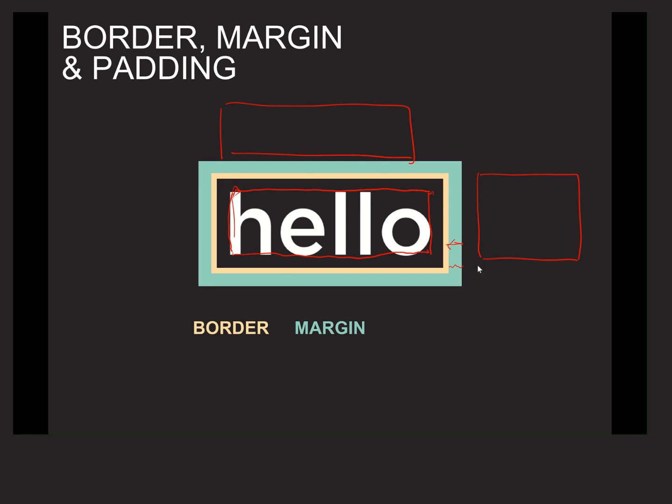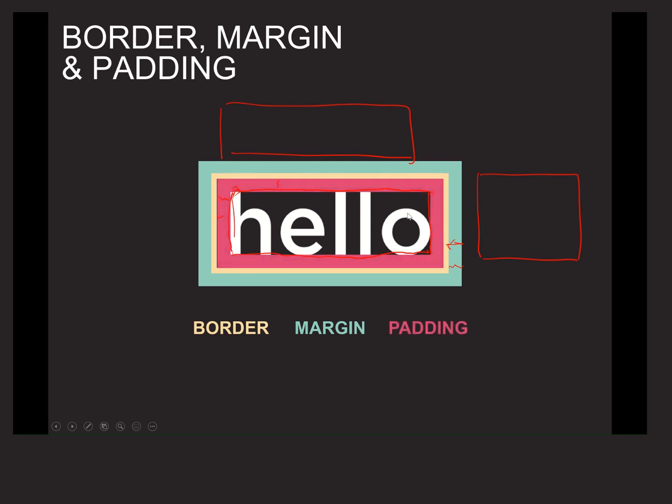Okay, and then next one is about, for example, how big and how wide you want to have. That means we need to have the padding. Okay, this is the meaning of padding.